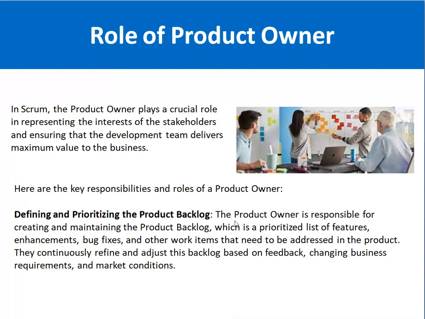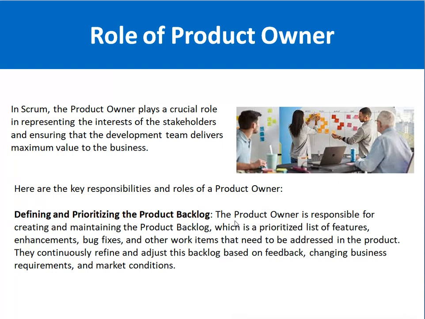So he is basically the person who has contacts with different stakeholders like the customer and other persons, and he makes sure that the development team, which consists of programmers, the software developers, the testers, the deployment team, is basically delivering the maximum value to the business in the product development.